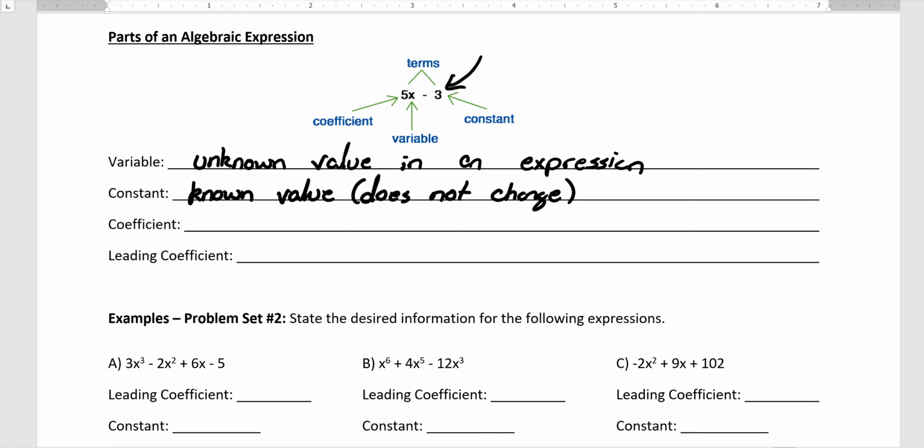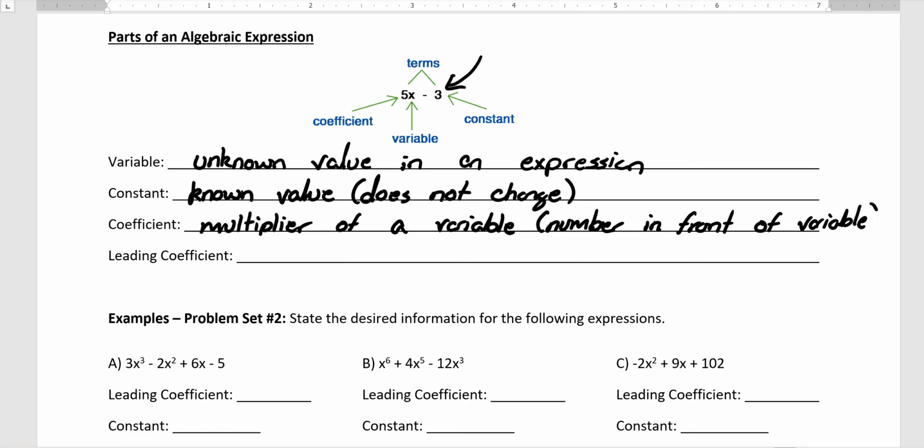The coefficient is the multiplier of a variable, and it's the number in front of the variable. You know, we're saying 5 times this variable in our expression up above.